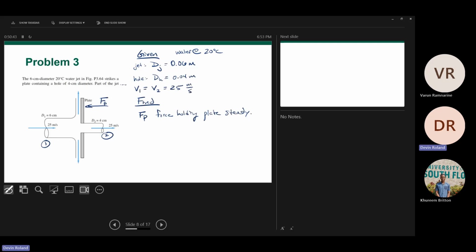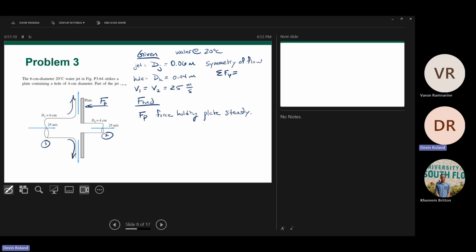And there's two assumptions that we have here that are not stated. They would have been later in the problem statement. We have symmetry of flow. What I mean by that is those two flows are equal to each other. So if you sum forces in the y direction, it's going to be 0.